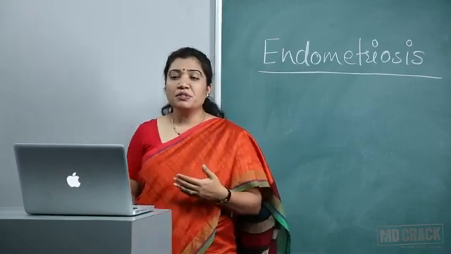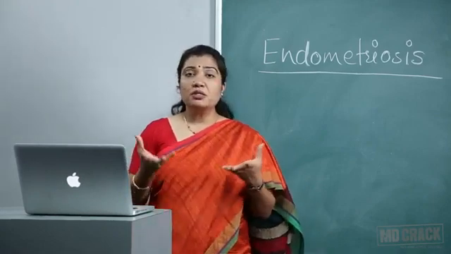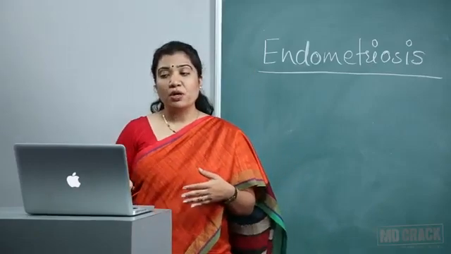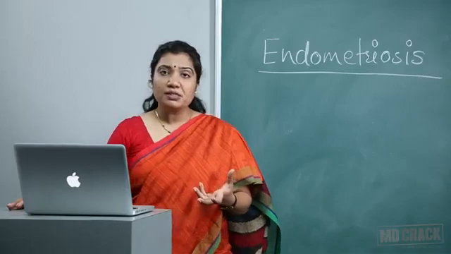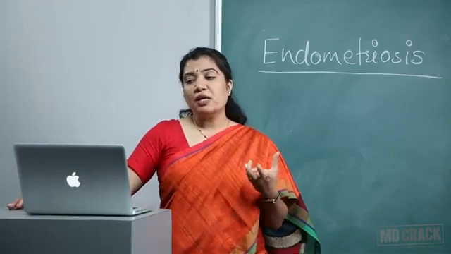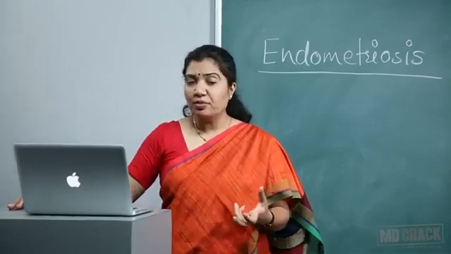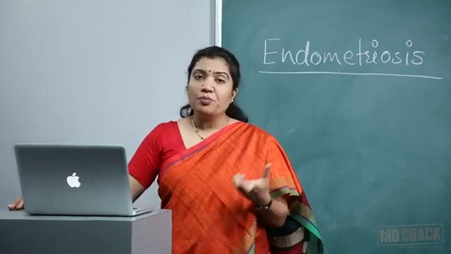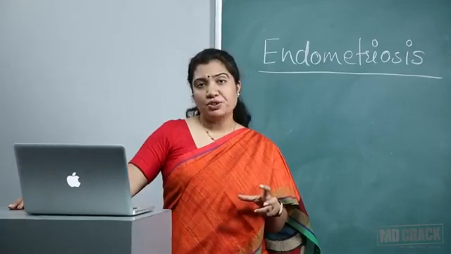In severe types, there can be bilateral chocolate cyst formation or endometrioma. Endometrioma is a collection of tarry dark brown fluid. Please remember the color. It is tarry dark brown fluid because of hemosiderin pigmentation.